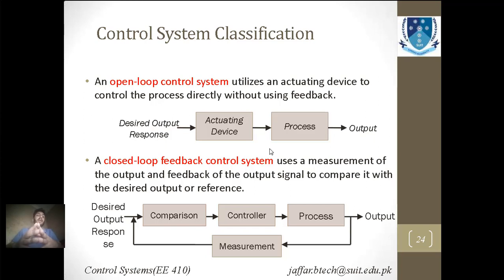The second class is the closed loop control feedback system, in which you take the output and give it back to the input, so that the input gets to know whether this output is my desired value or not.